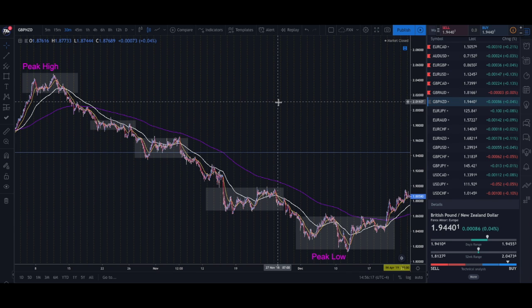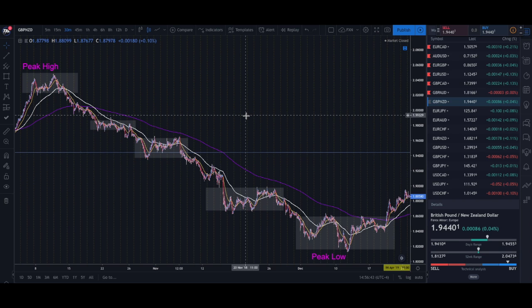The only time that you should use the EMAs as take profit points is when you are trading against the trend, and you're only trading against the trend because you're at a peak formation high or at a peak formation low. Let me repeat that again.